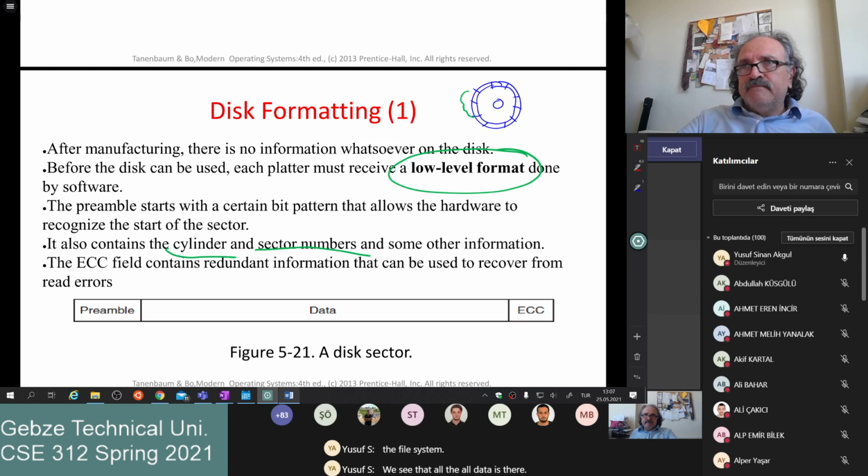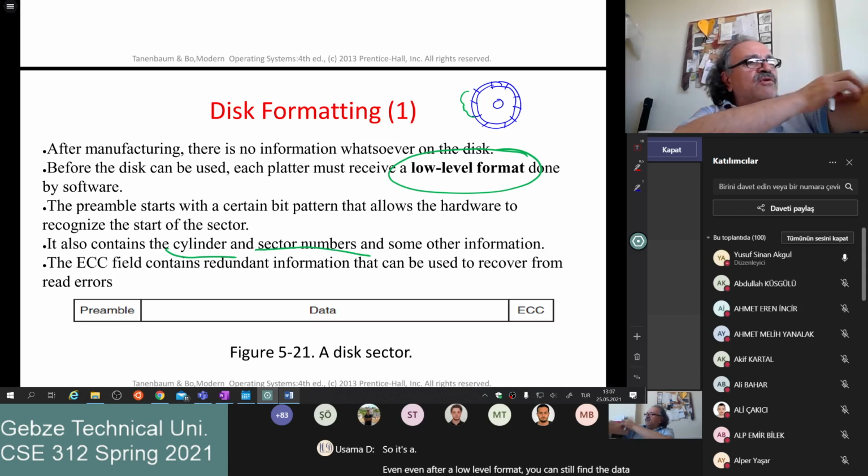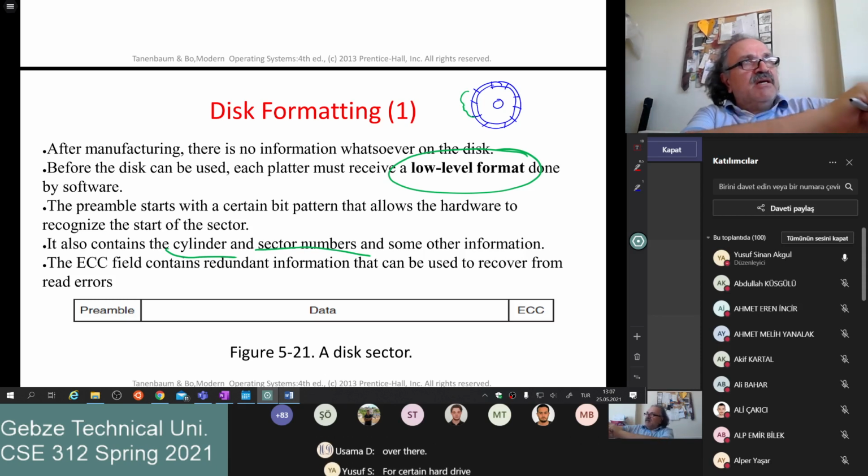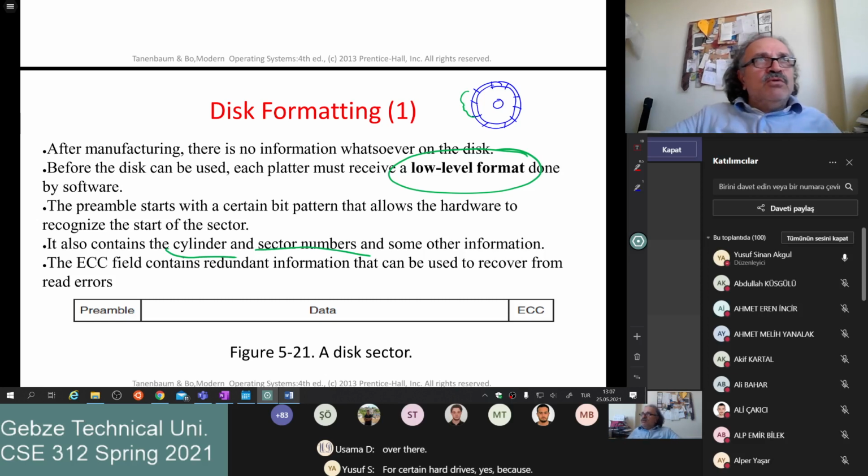It is not gone. Exactly. Even after a low-level format, can you still find the data over there? For certain hard drives, yes, because it is not easy to get rid of all the magnetic signature of the data.